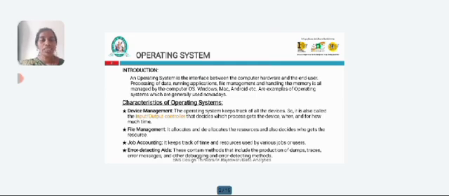File management. It allocates and deallocates the resources and also decides who gets the resources. Job accounting. It keeps track of time and resources used by various jobs or users. Error detection. These include methods such as the production of dumps, traces, error messages and other debugging and error detection methods.